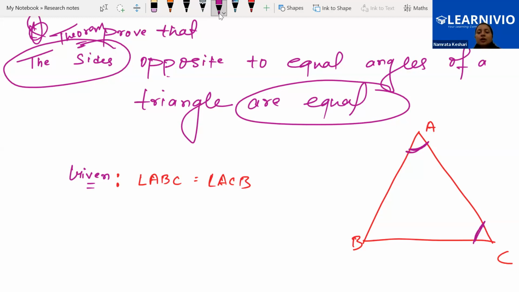Now you are going to prove that, opposite to BC, AB is equal to BC. Getting it?